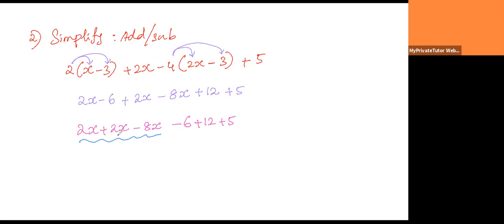What is 4x minus 8x? Minus 4x, isn't it? Then use the associative property, whichever you want to use first is fine. I'm going to use 12 plus 5, which is 17. Minus 6 plus 17, we'll get plus 11.